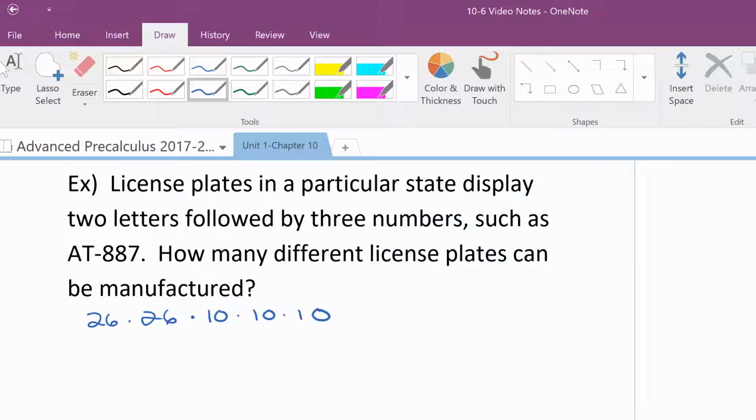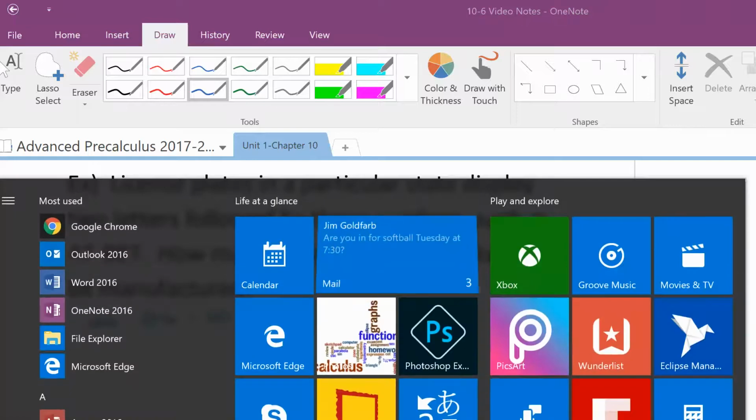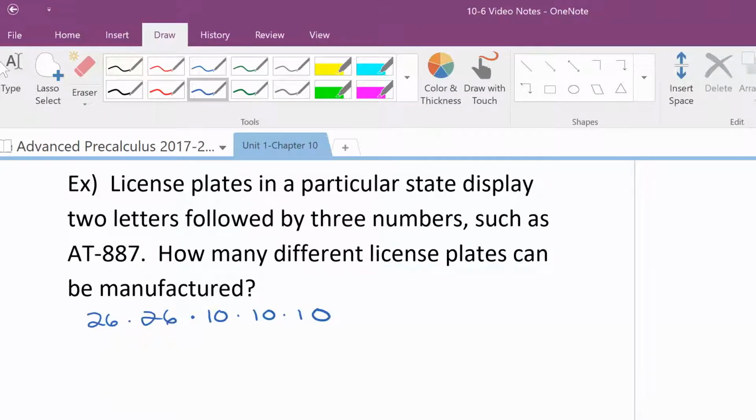So when you multiply 26 times 26 times 10 times 10 times 10, you get 676,000.